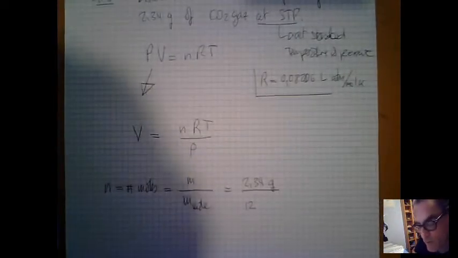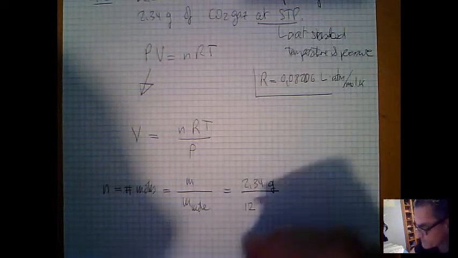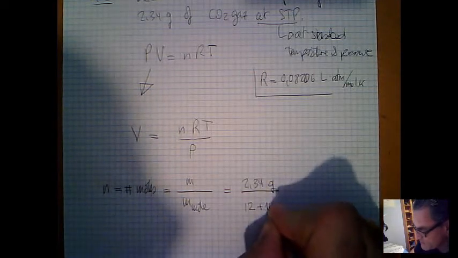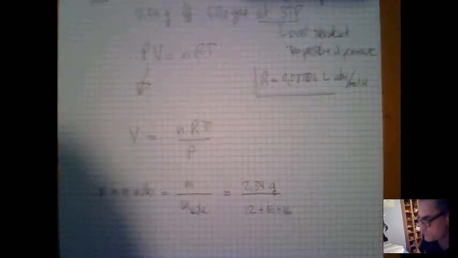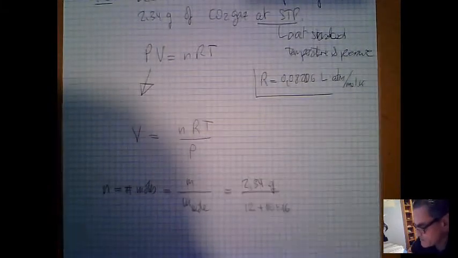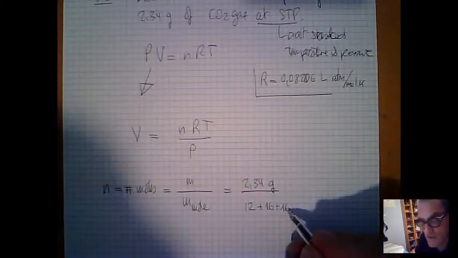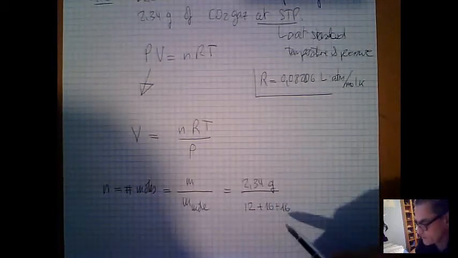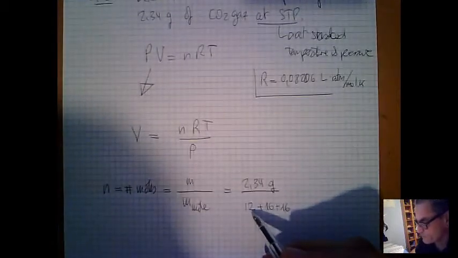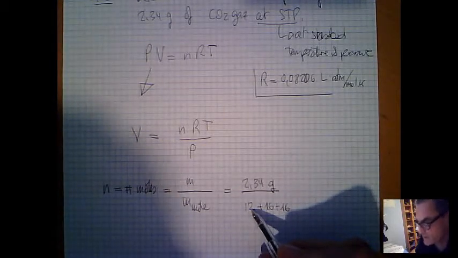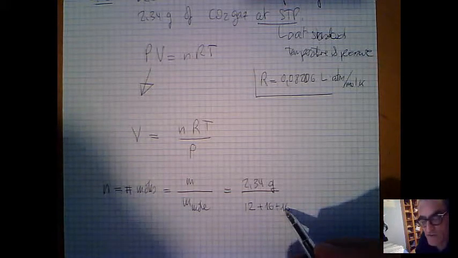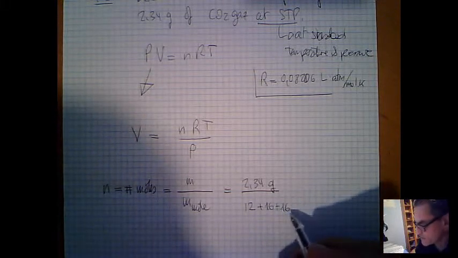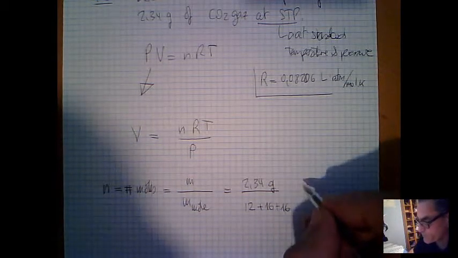And then you have O2. O is 16. So 16 plus 16, you have CO2. You have per mole 1 carbon and 2 oxygens. So 16 and 16 is 32, plus 12 is 44.